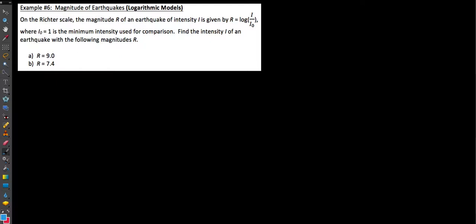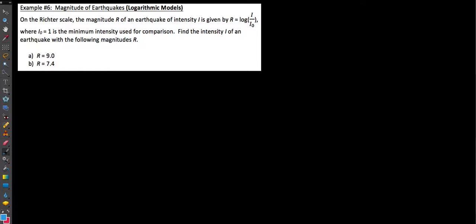So let's do this first. We're going to read through it, and what I want you to try to pick out is what the variables being related to one another are. It says on the Richter scale, the magnitude R of an earthquake of intensity I is given by R equals the log of I over I sub 0, where I sub 0 equals 1 is the minimum intensity used for comparison.